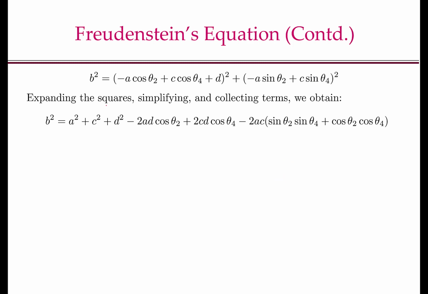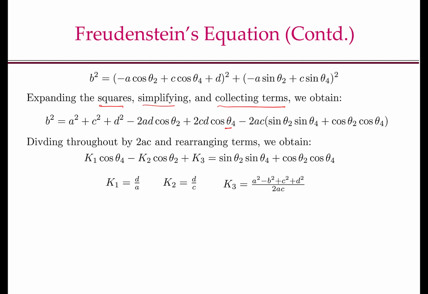Now I will expand the squares, simplify and collect terms. So I am skipping 2 or 3 steps of algebra here. But the essential thing that you need to do is expand the squares and use the fact cos square theta plus sine square theta equals 1. Note here that the only variable is theta 4. So now we can rearrange this equation a little bit. First, what we do is divide throughout by this term 2ac and then we rearrange some terms.